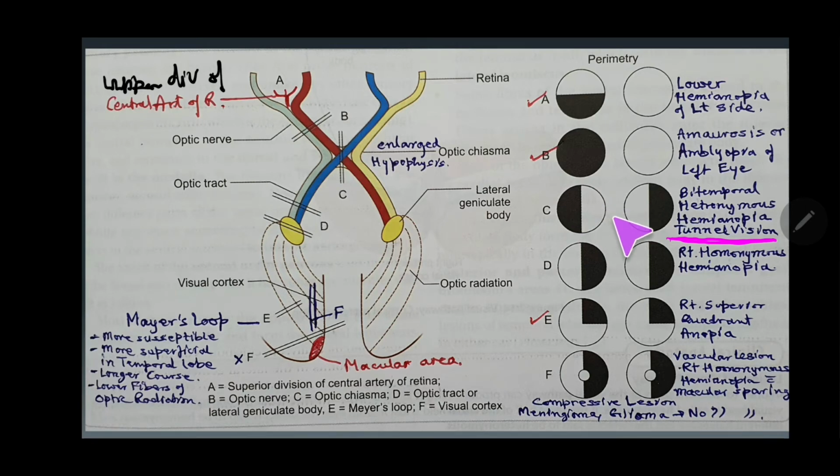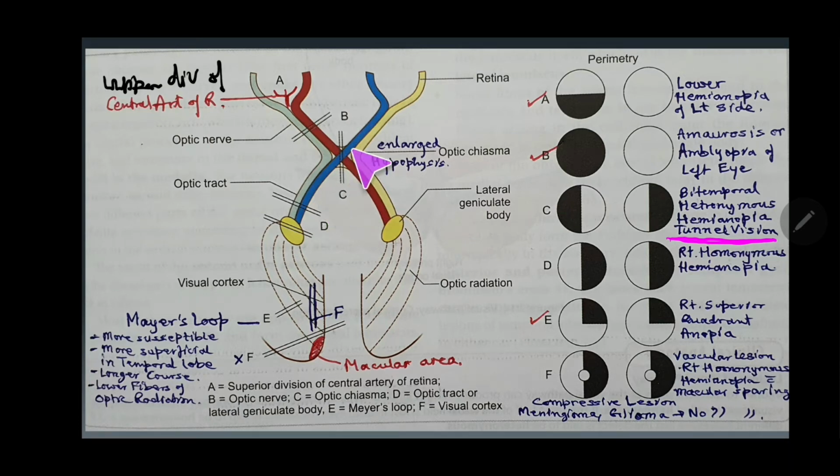Have you seen those horses in the races? They have blinders put on their eyes from both sides, so that they do not get distracted and run fast, seeing only what is in front of them. That's why this is called tunnel vision, vision only in the center, not on the lateral sides.